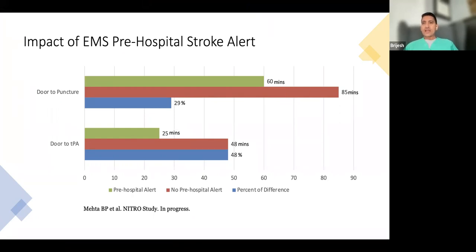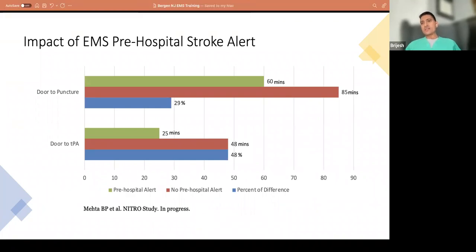And data has shown that for every 15 to 20 minute delay in getting the artery opened up, the likelihood of a good outcome reduces by about 20%.